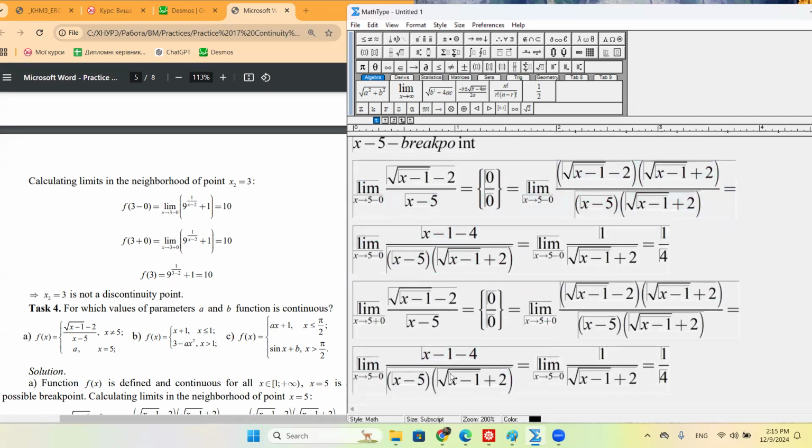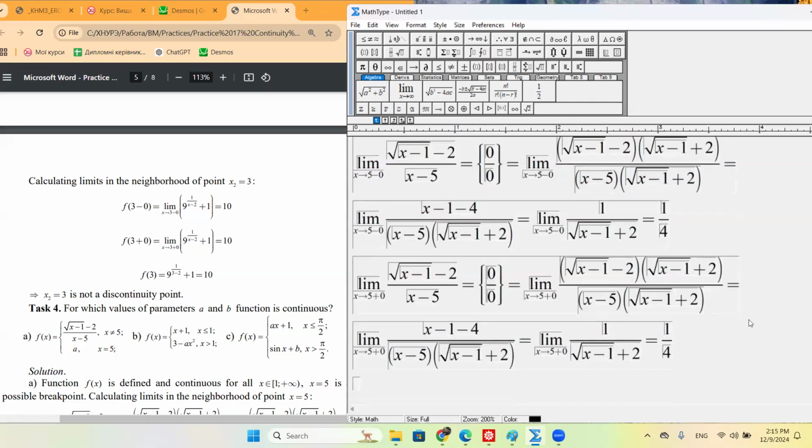Basically, we do the same operation, performing the same actions, and it will be the same value. So which parameter value must it be? So a equals which number? Just to make the function continuous, to remove this discontinuity point.